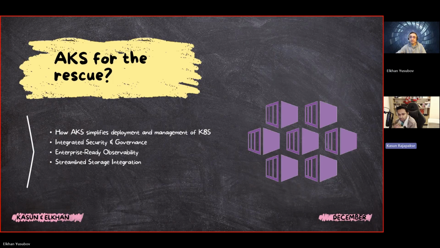Yeah, enterprise-ready observability means basically that in Azure a lot of observability tools are available, right? AKS has its own integration with these, for example Azure Container Insights, right? Container Insights is observability that lets you see how the containers are working.